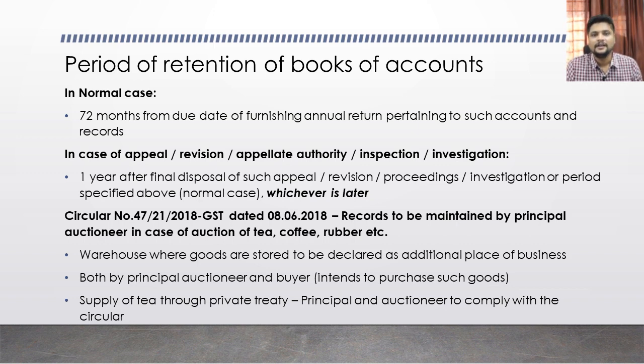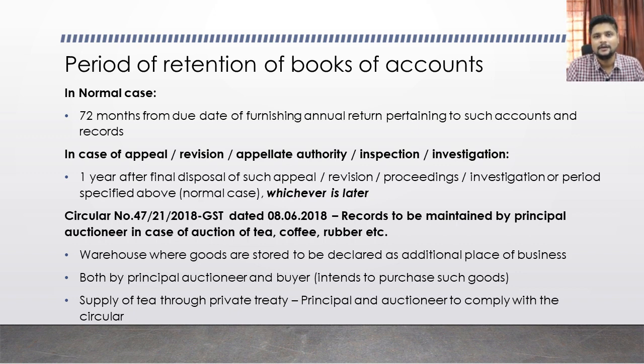If the tea is supplied through a private treaty, then principal as well as auctioneer, because in that case principal will be a different person. Who is principal? Principal is the original supplier. Principal will be a separate person, as well as the auctioneer will be a separate person, because it is sold through a private treaty.